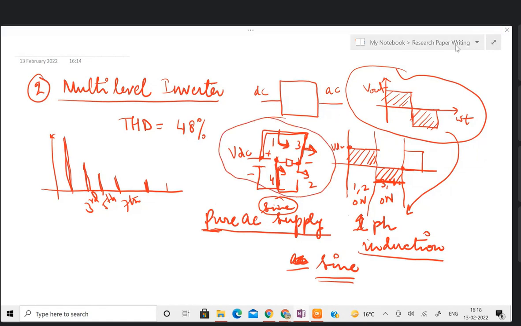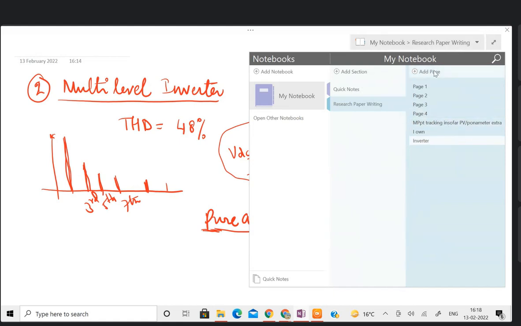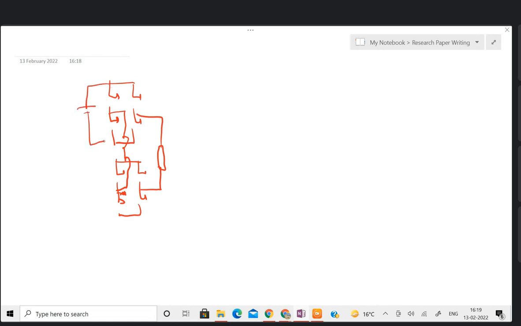Take this H bridge and cascade it with another H bridge. This is your load here, and this is your input supply, with two input supplies, VDC1 and VDC2.